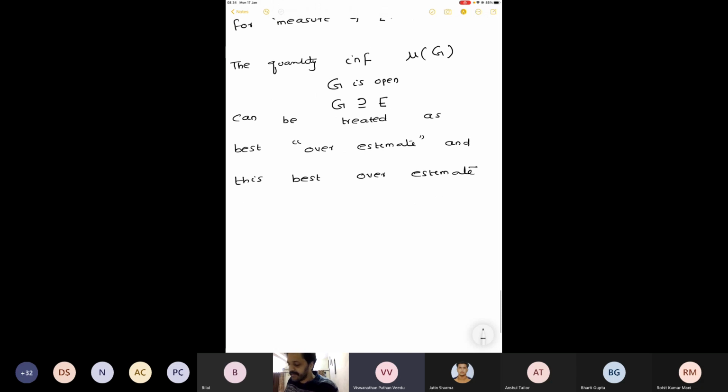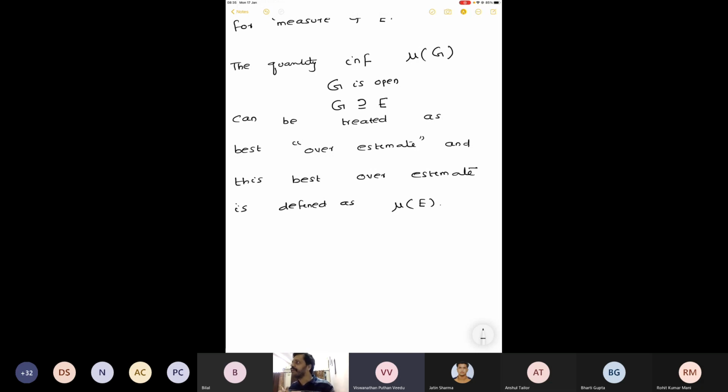The best overestimate is defined as the measure of E, mu of E. So this is the definition. If you want to get the measure of an arbitrary set in R, you take the measure of an open set containing that set and take the infimum, where the infimum varies over all open sets containing E. This G is like a cover. It covers E.